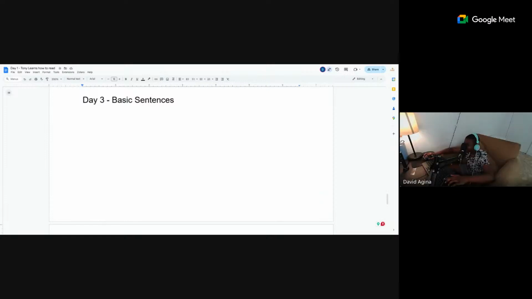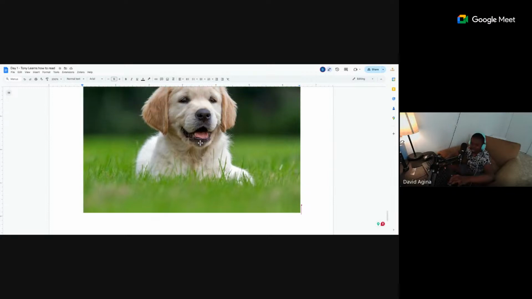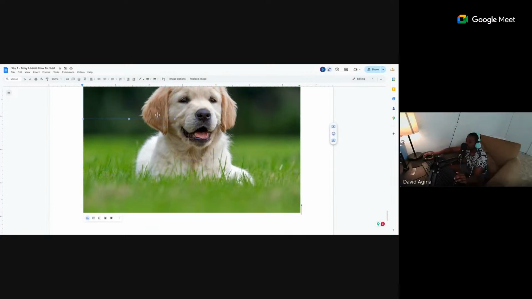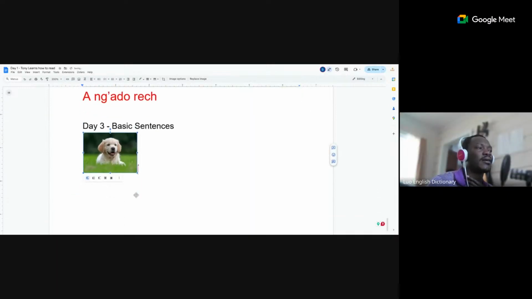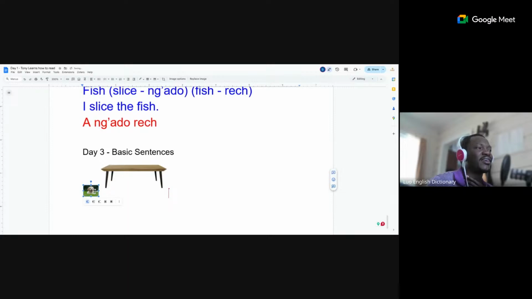And then a picture of a table. Where are you? I can't see them. Oh, there you go. I can see it. Next page. I'm making it smaller. All right, so now we have a dog and we have a table.